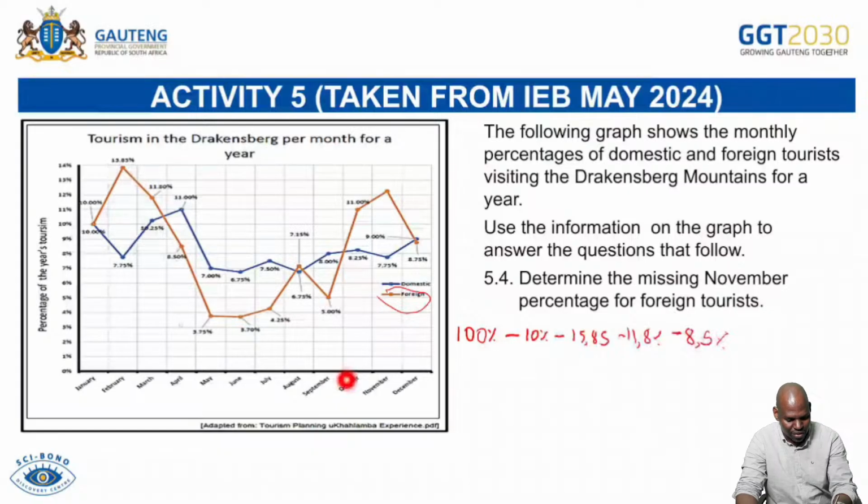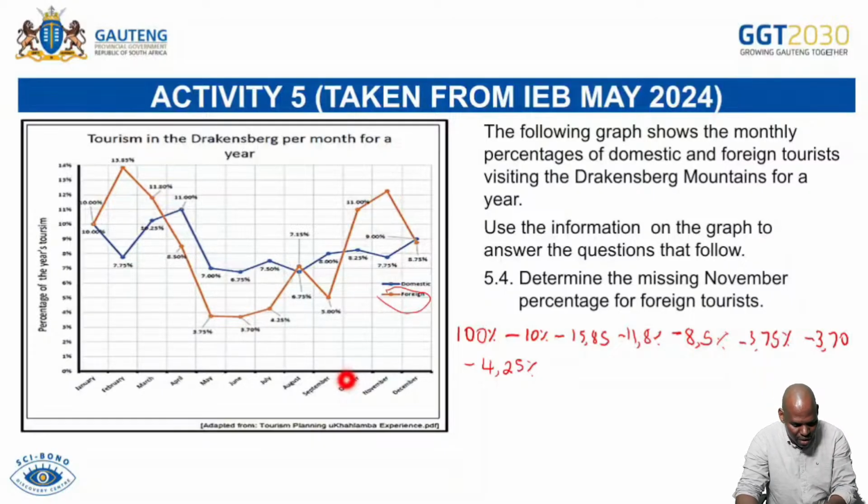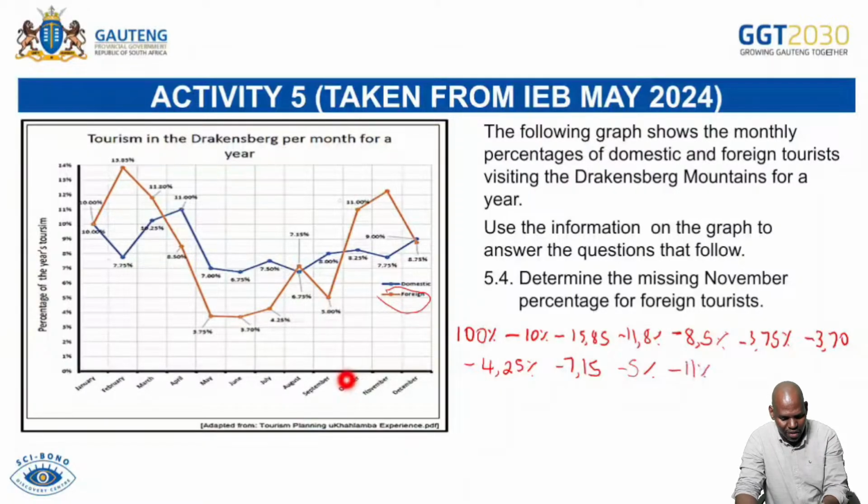After 8.5, I subtract the 3.75. After 3.75, minus 3.70%. And then after minusing 3.70, I have to minus 4.25. After minusing 4.25, I have to minus 7.15. And then after minusing 7.15, I have to minus 5. After minusing 5, I have to minus 11. And then after minusing 11, I have to minus 8.75.